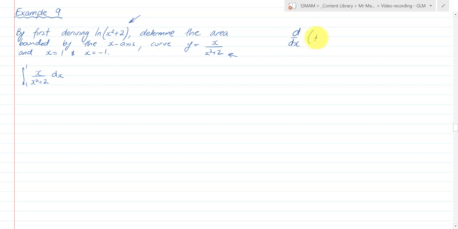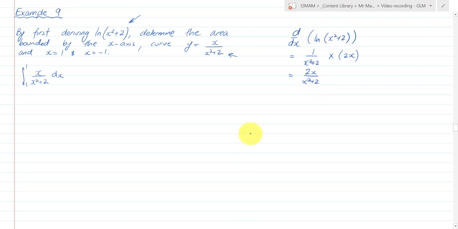If I derive the natural log of x squared plus 2, this of course is equal to 1 over x squared plus 2. That's how we derive log: 1 over the thing on the inside of the log. And we have to multiply by the derivative of the inside, which is 2x, and the plus 2 contributes nothing. And so the answer is 2x over x squared plus 2.